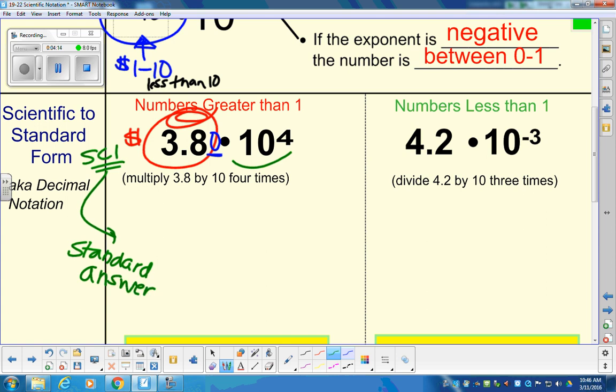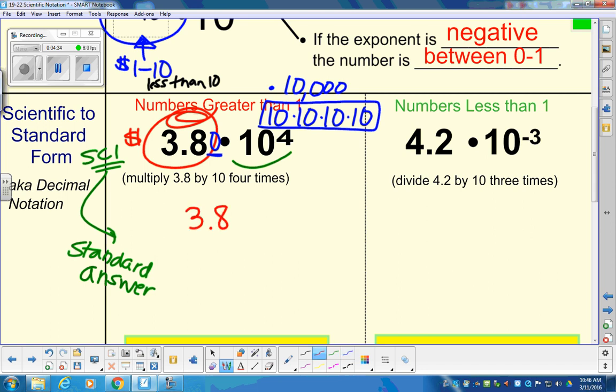So when we say we are going to multiply by 10 to the 4th power, we're really going to multiply by 10 four times: times 10, times 10, times 10, times 10. That is the same thing as multiplication by 10,000. If we multiply 3.80 by 10,000, remember I had this imaginary placeholder here, I'm going to be moving that decimal 4 places to the right.